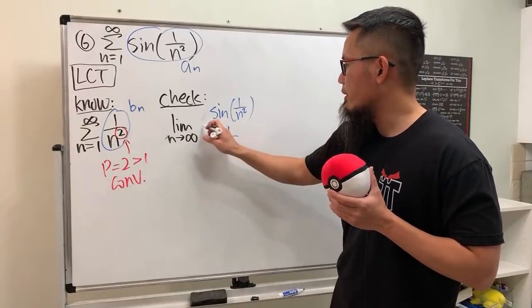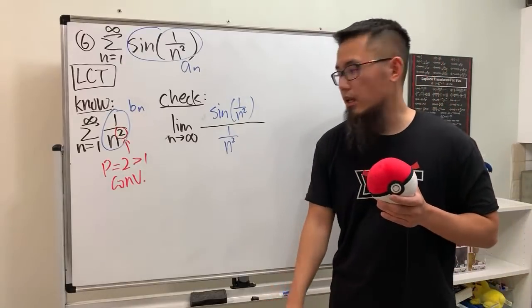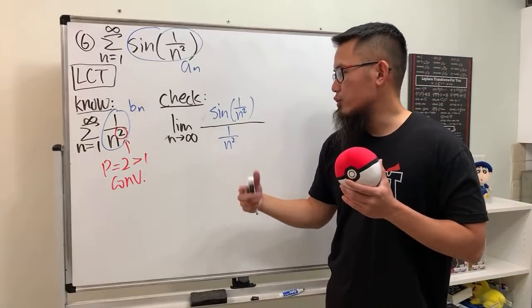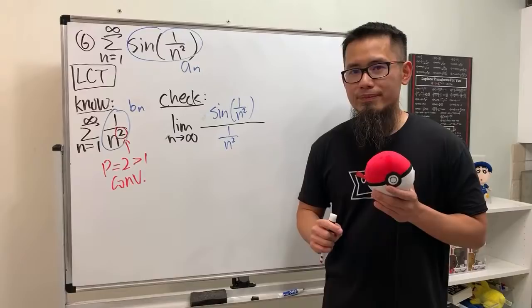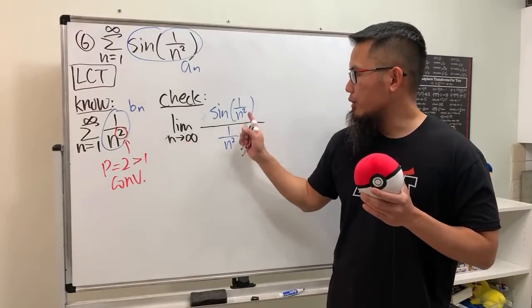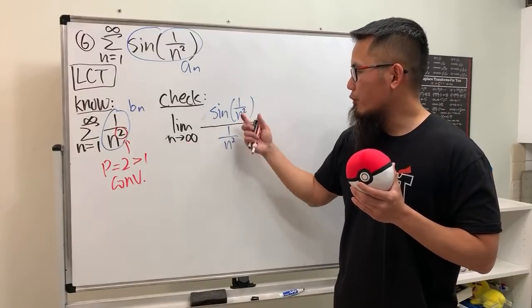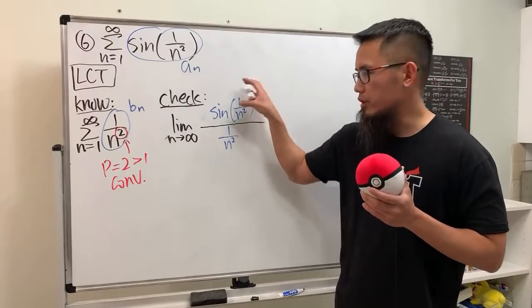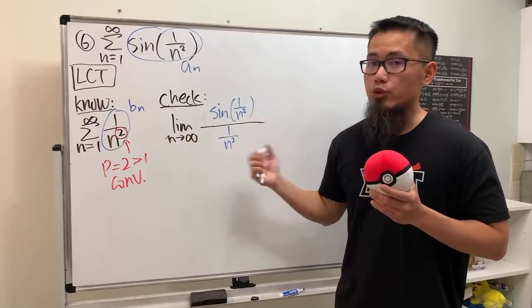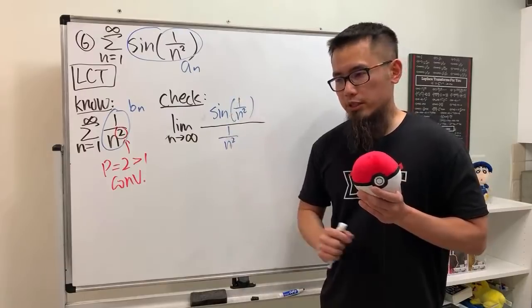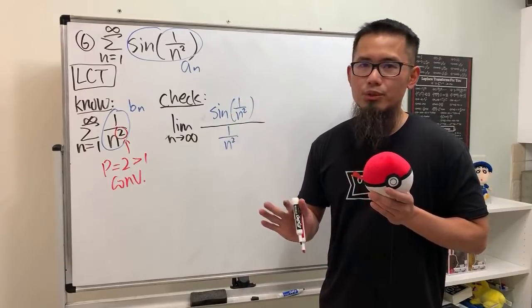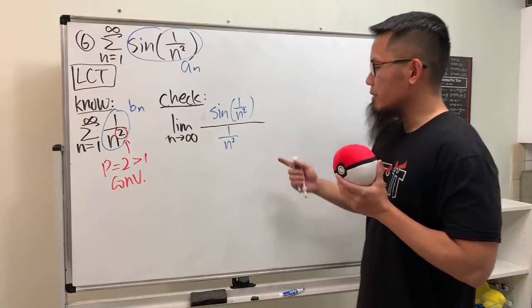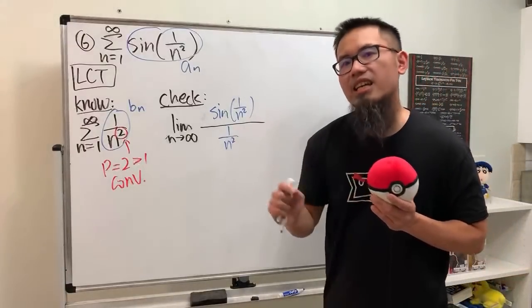This is a limit that we should work out. However, if you put infinity into here and here, sine of 1 over infinity is just sine of 0, which is 0. On the bottom, you also get 0. This is a 0 over 0 situation. But try not to use L'Hopital's rule for that, because this is precisely the limit.